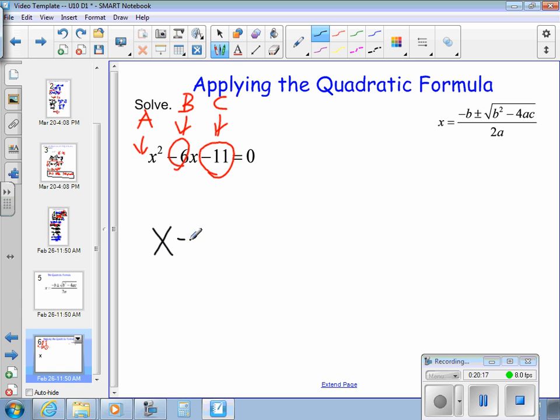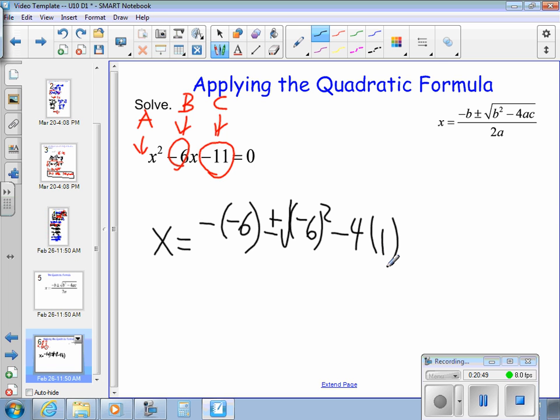We have x equals negative. Now my b is negative 6, so I'll plug in that negative 6. Now, notice I now have minus negative, or a negative negative. We'll deal with that in a minute. Okay, plus or minus the square root of b squared, my b being negative 6, and we're going to square that, minus 4 times a was 1, and c is negative 11.